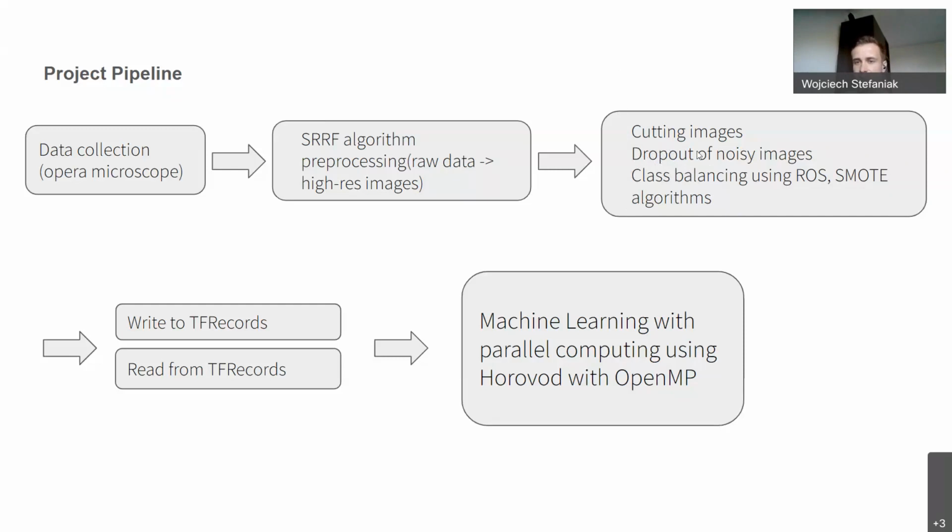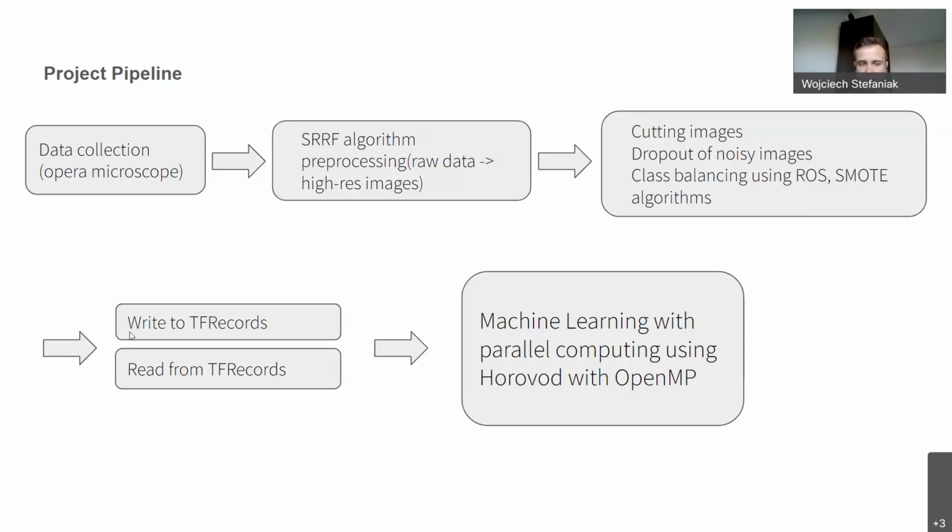So we drop those noisy images, and then sometimes we use class balancing. It's because we have far fewer sick examples than healthy examples.